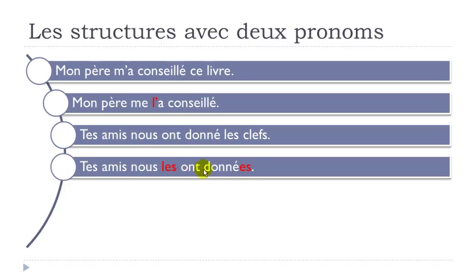Normally when we make this passé composé form with avoir, and if you've got what we call complément d'objet direct before, you should put at the end of your participe passé feminine if the word is feminine, and s if the word is plural, okay? In that case we've got les clés. Les clés is feminine plural, so that's the reason why we will add first feminine and then plural here.